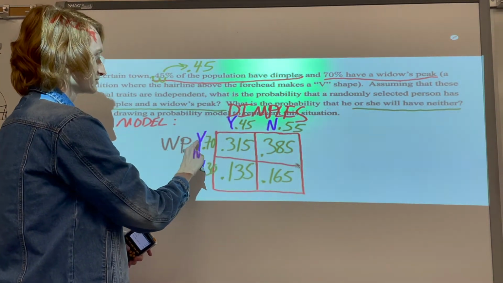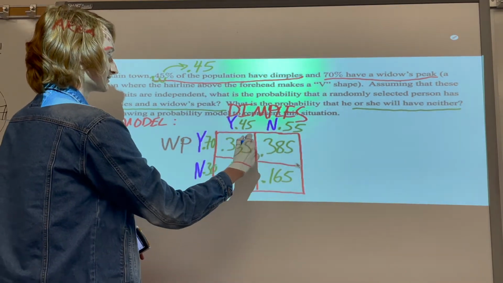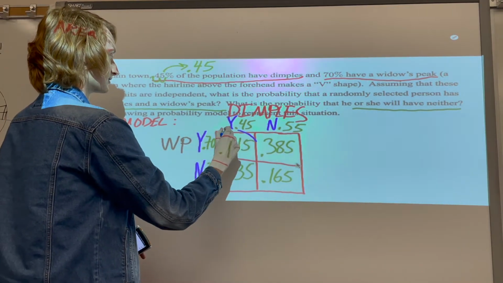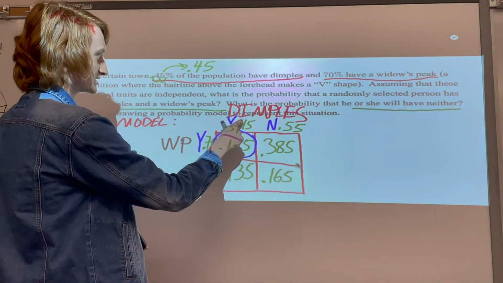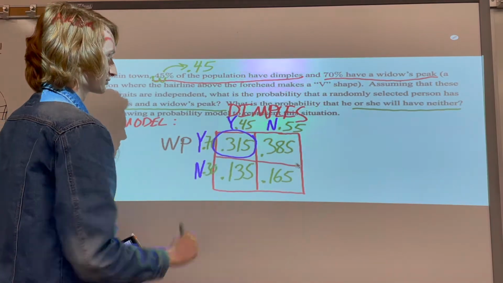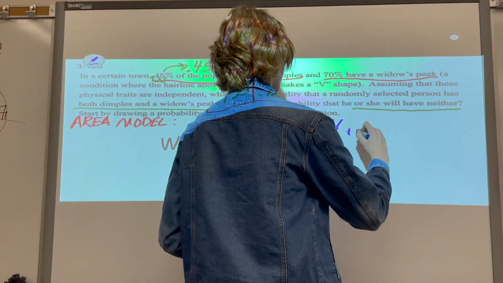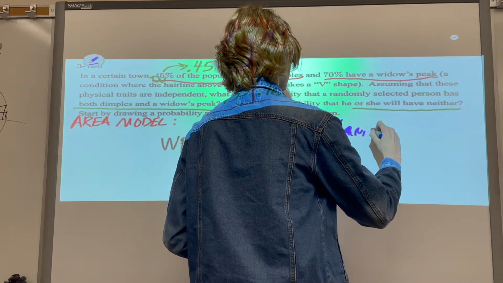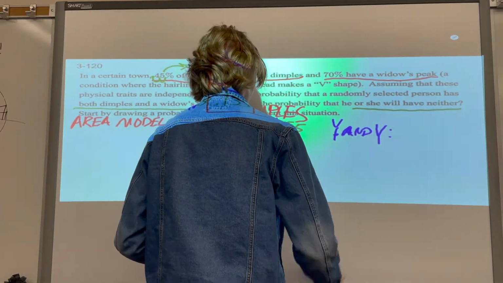Then I check my widow's peak. These two are both yes for widow's peak. Where they intersect would be right here. This right here, 0.315, is yes dimples, yes widow's peak. So my answer for yes and yes, I guess I could call it both. I'll call it that.